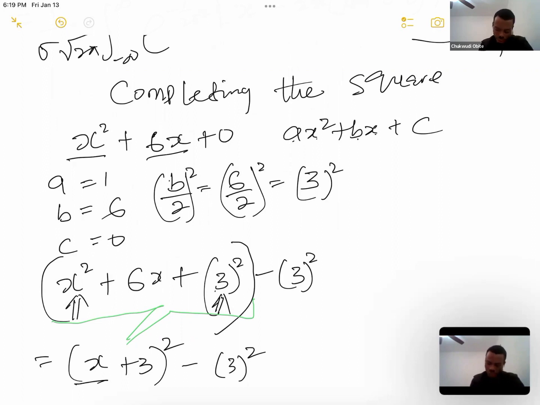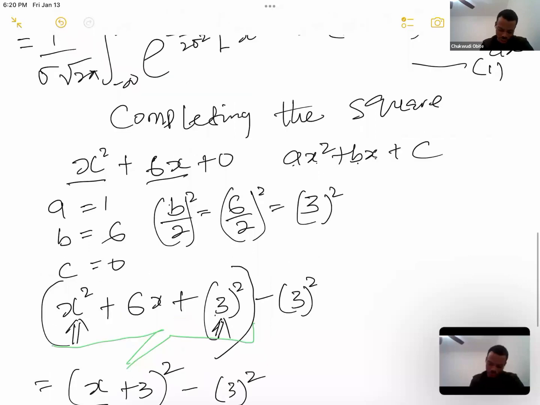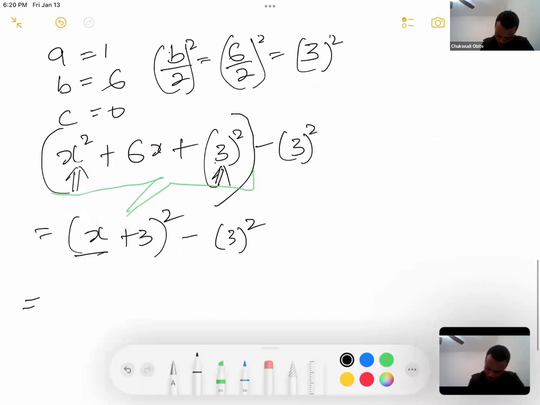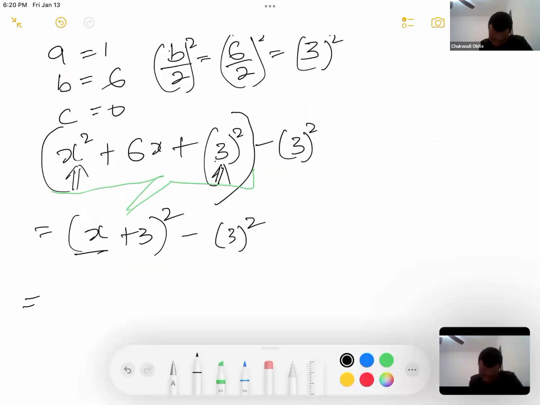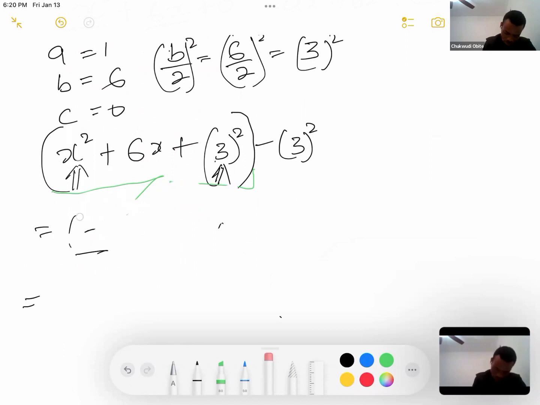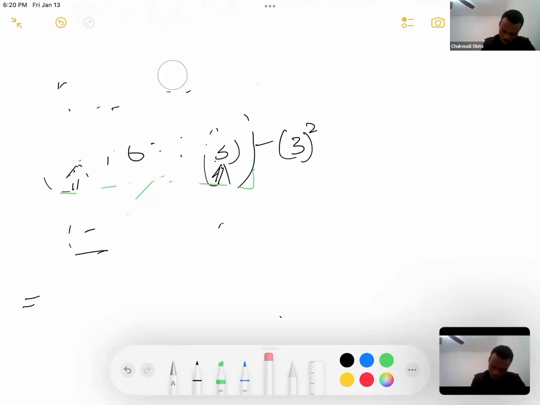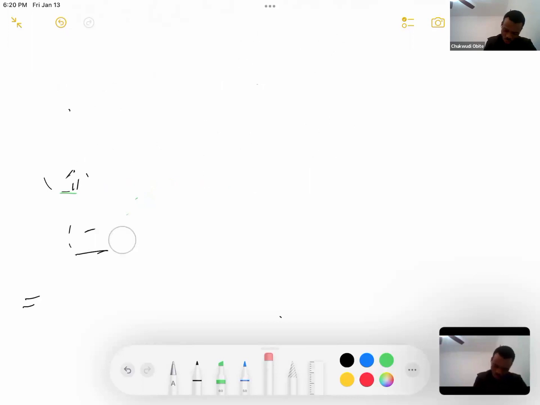Now I want to use the same technique in our equation 1. So let me write out equation 1 again. So I just explained completing the square.